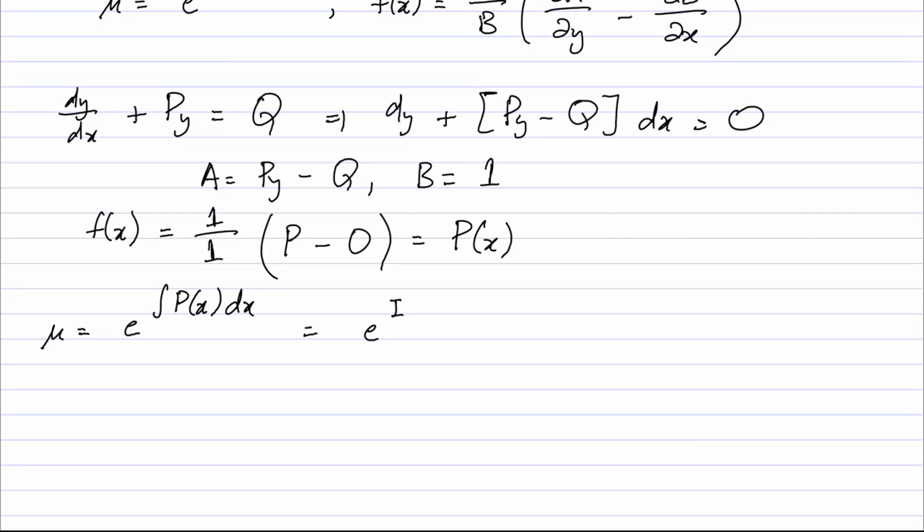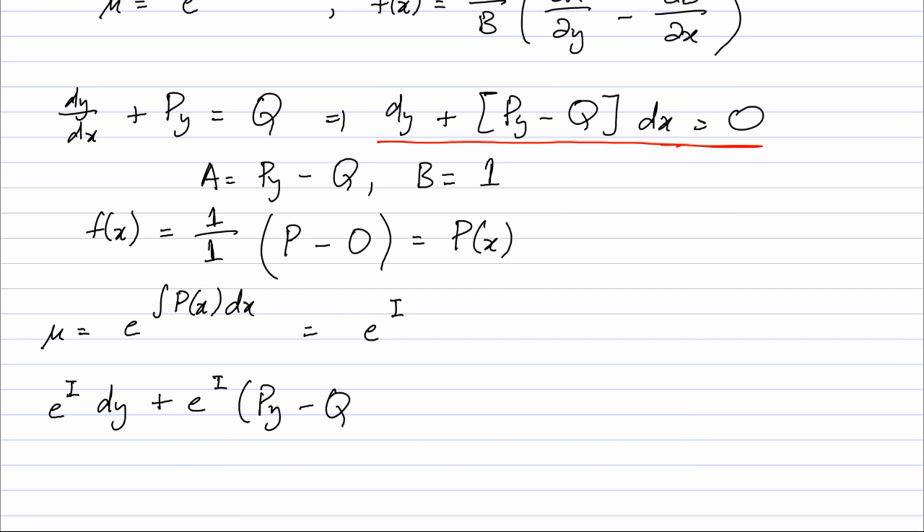Now let's go back to our original equation. I'll multiply the original equation by e raised to power I on both sides, and then I know that it's going to be an exact differential equation. So I'll get e raised to power I dy plus e raised to power I (py minus q) dx is equal to 0.